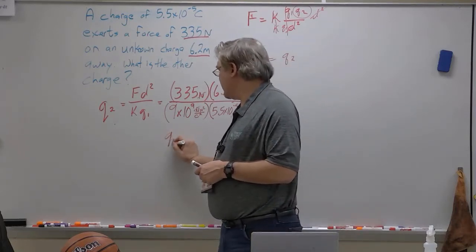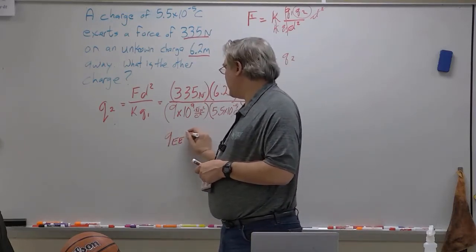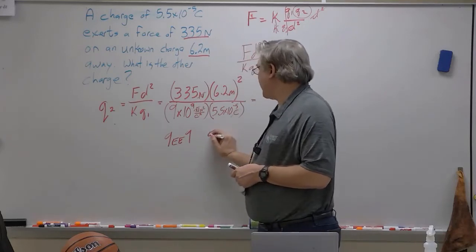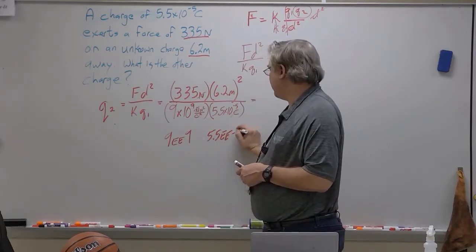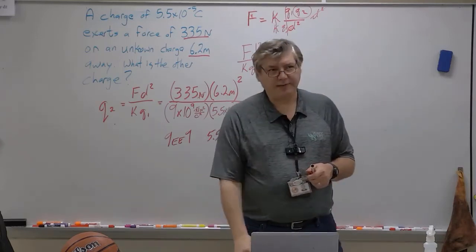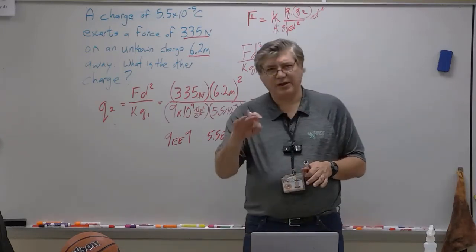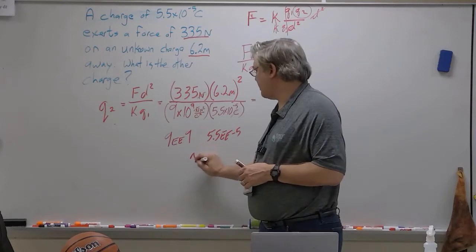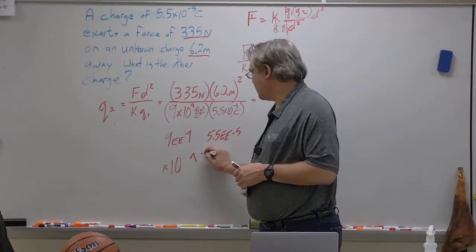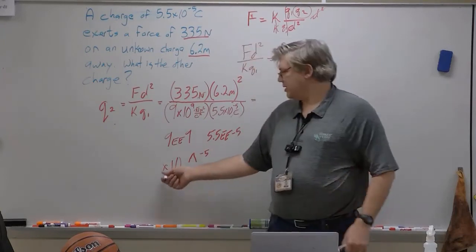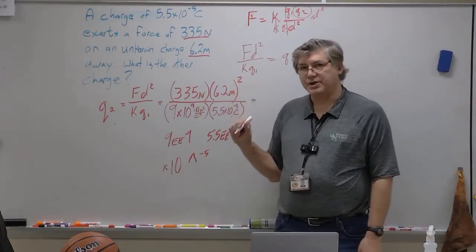So this is 9 EE 9, and this one is 5.5 EE negative 5. If you don't do that, if you use that horrid little times and that little caret button by going times 10 with the little caret negative 5, that little times just moves that number up to the top.